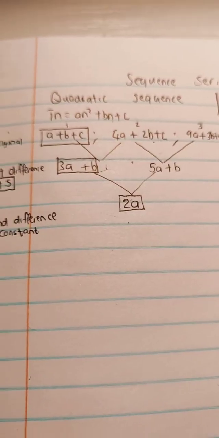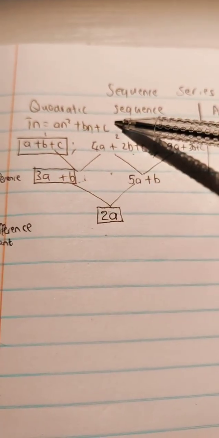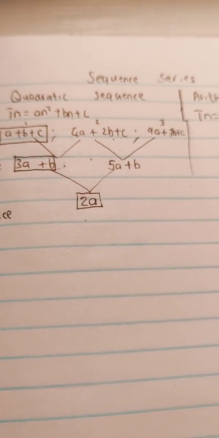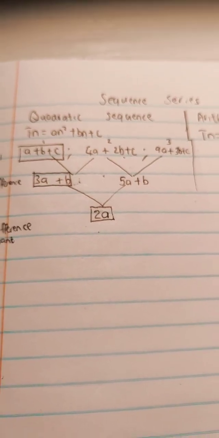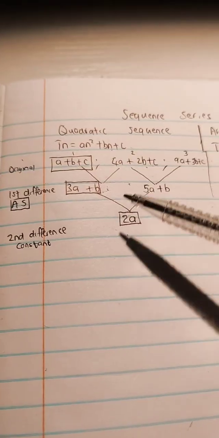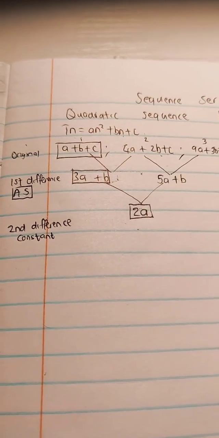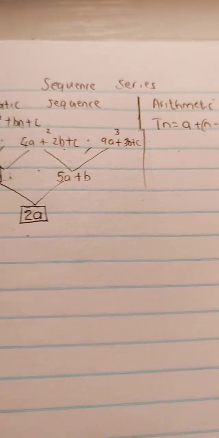All right, so that's quadratic sequence. I think someone earlier on said, can you help me out with geometric sequence? This is important. If we go to arithmetic sequence, we know most.